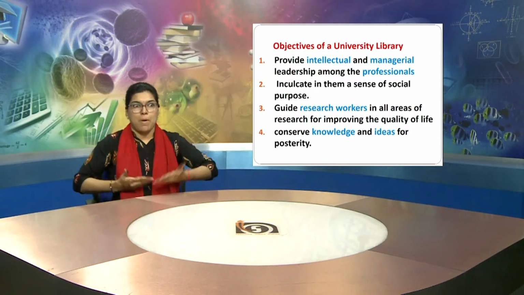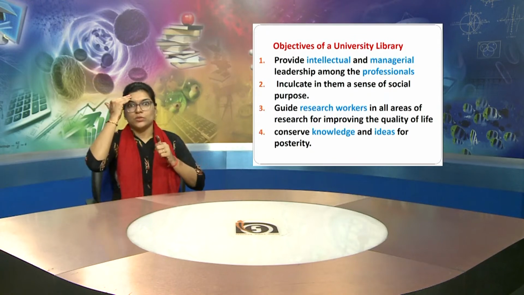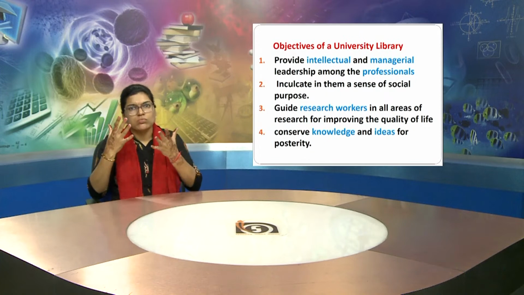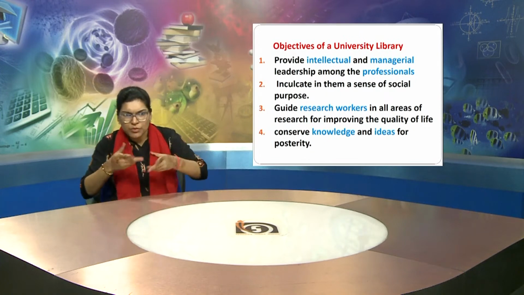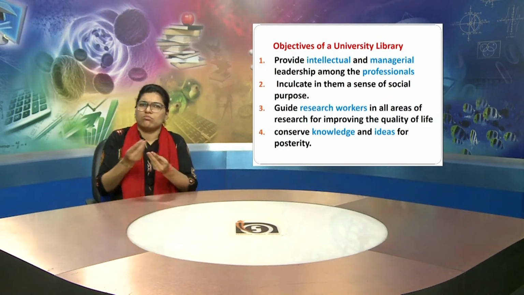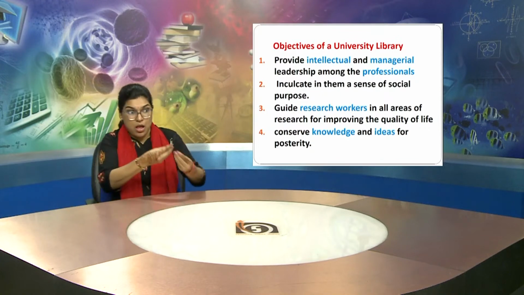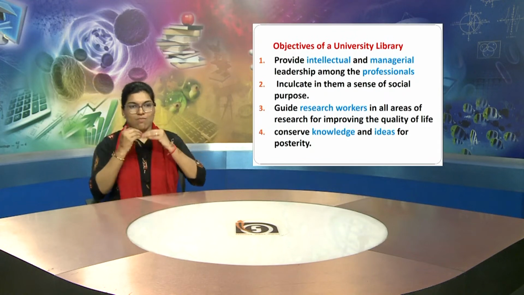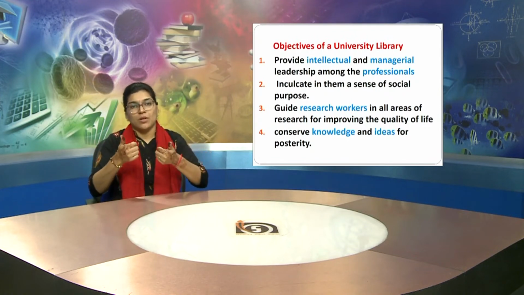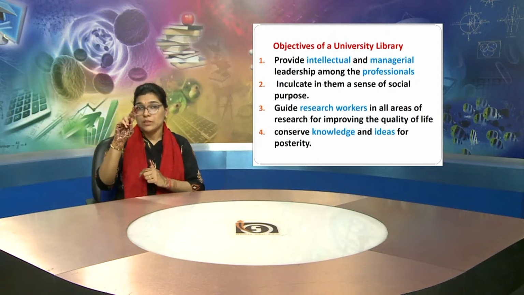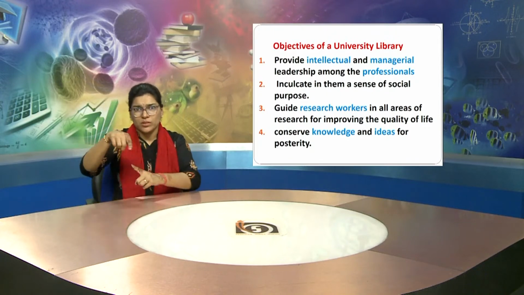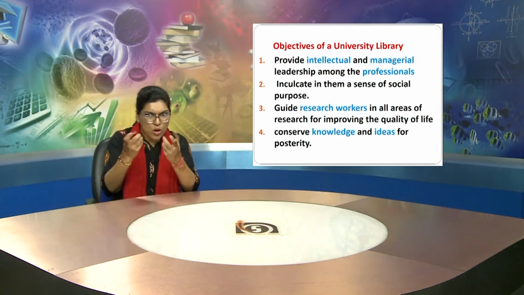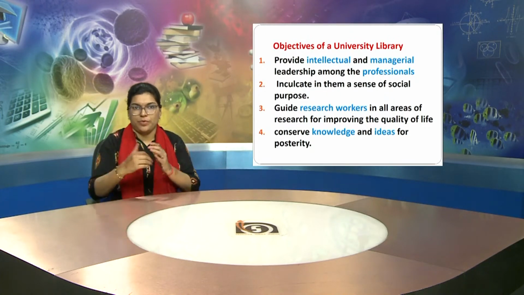For example, when a teacher is teaching in a higher level class, college or university, whenever students ask some questions, the professor has to prepare beforehand so that he is able to answer all the queries. So this is one of the objectives of the university library, to provide intellectual and managerial leadership to the professor, to the leaders, whoever is taking the lectures of the learners.